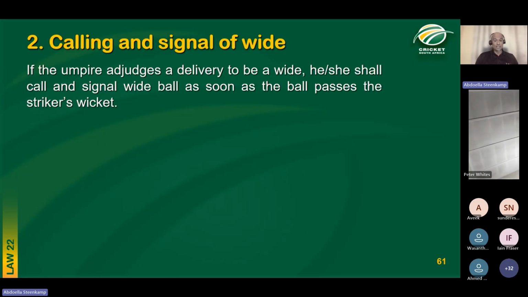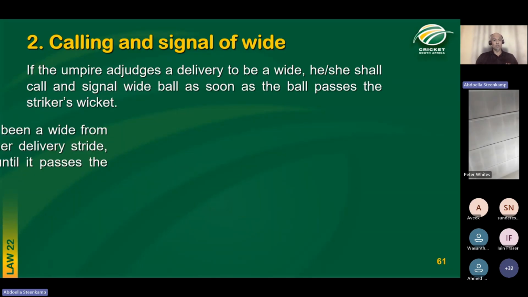You need to call and signal only once the ball passes the striker's wicket. Don't be in a hurry to call and signal, even if it might look wide. I've had egg on my face a few times. It looked wide, I called wide, and then the batter hit it.